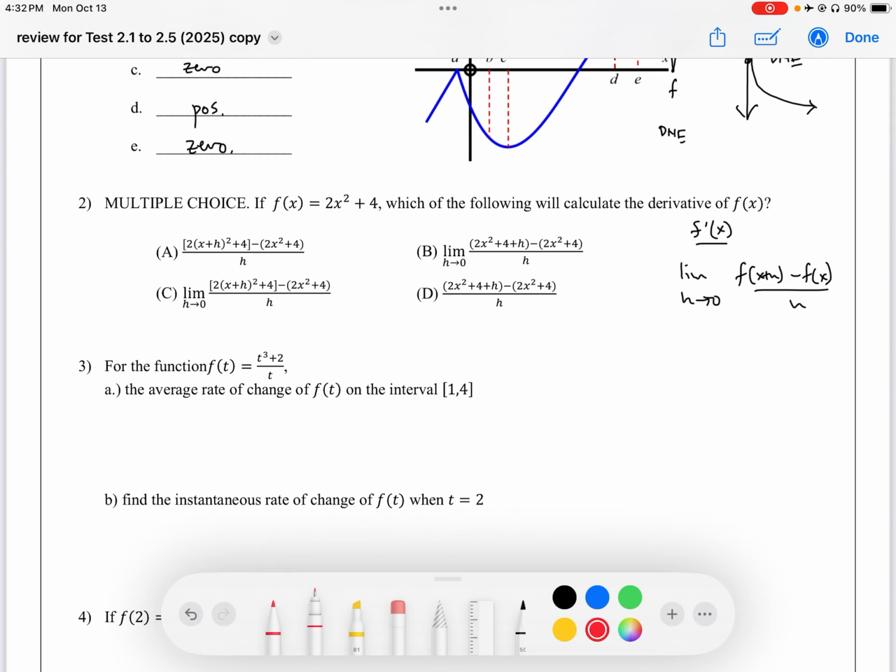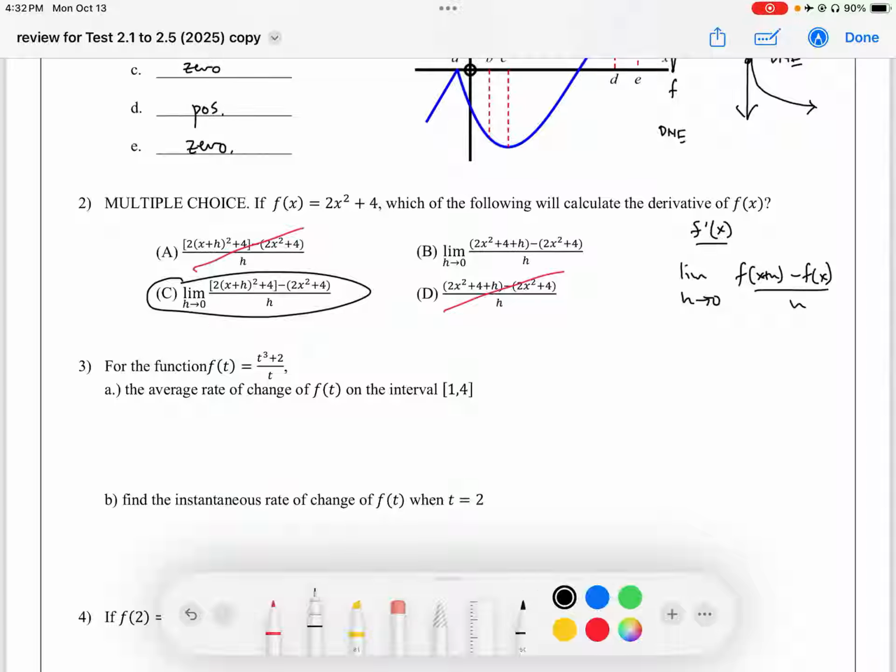Well, it's definitely not those two because they don't have a limit. So there's no way it could be either of those, because those are just maybe average rates of change or something. So it looks to me that C is the one we're looking for.